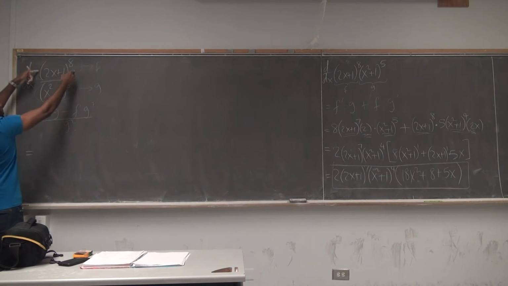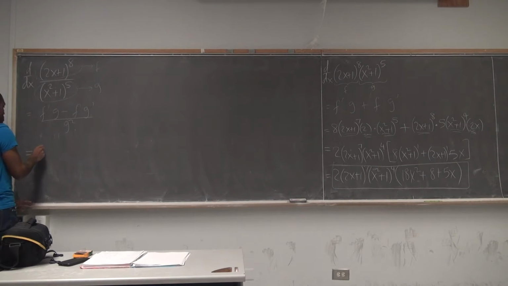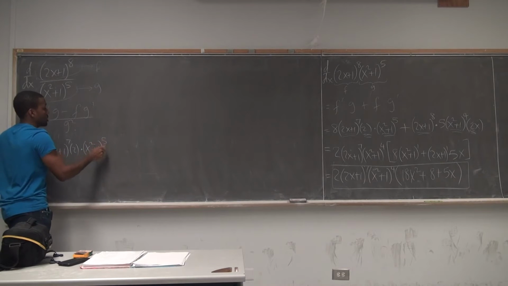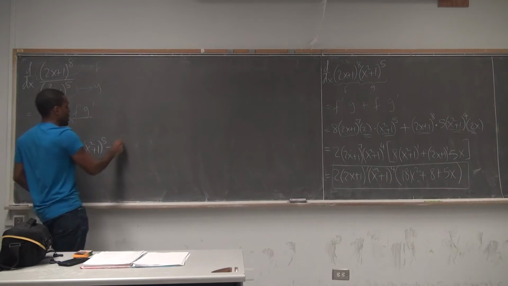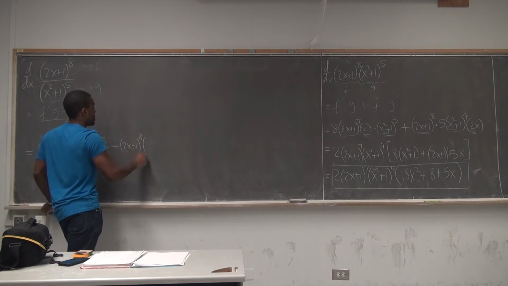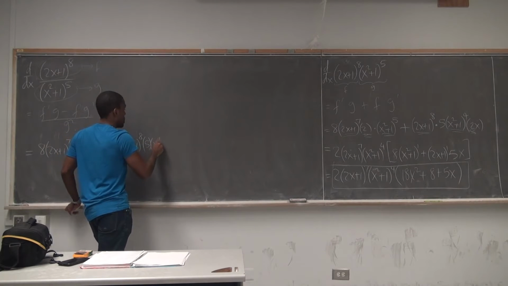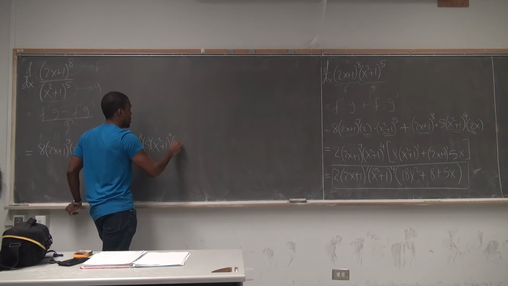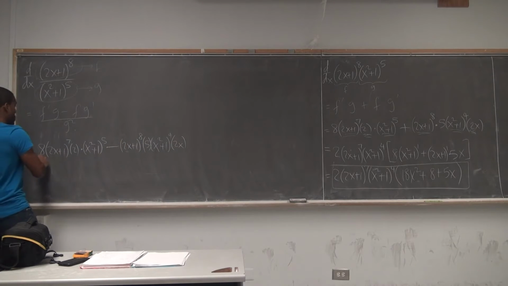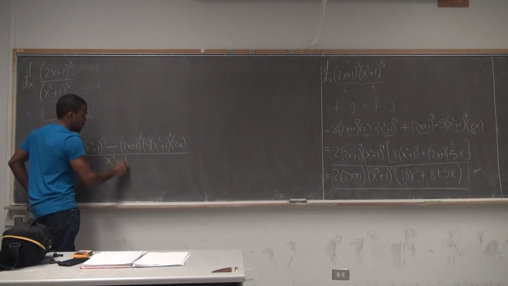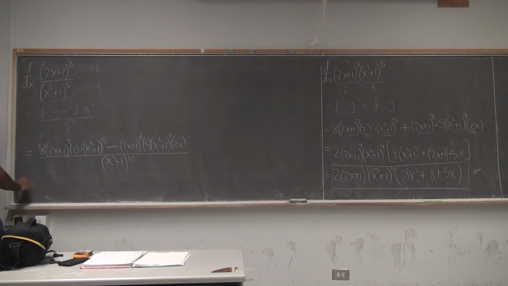F prime, I have to differentiate this, which needs the chain rule: (2x plus 1) to the 7 times 2, times my g, which is just this guy, minus the f, (2x plus 1) to the 8, times the g prime, which is 5 times (x squared plus 1) to the 4th times 2x, all over this squared, (x squared plus 1) to the 10.